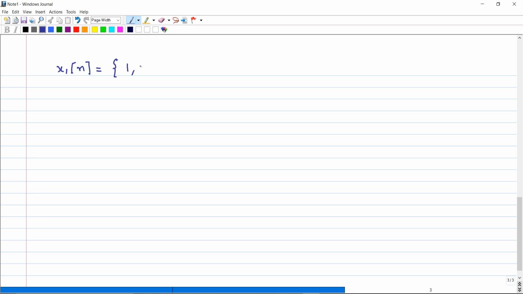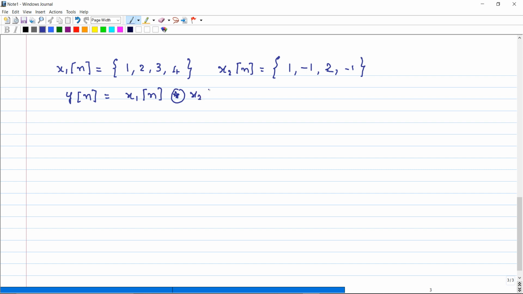Let us say x1 of n is 1, 2, 3, 4, and let us assume x2 of n to be 1, -1, 2, and -1. Circular convolution of these two signals is defined as y of n equal to x1 of n circularly convolved with x2 of n.